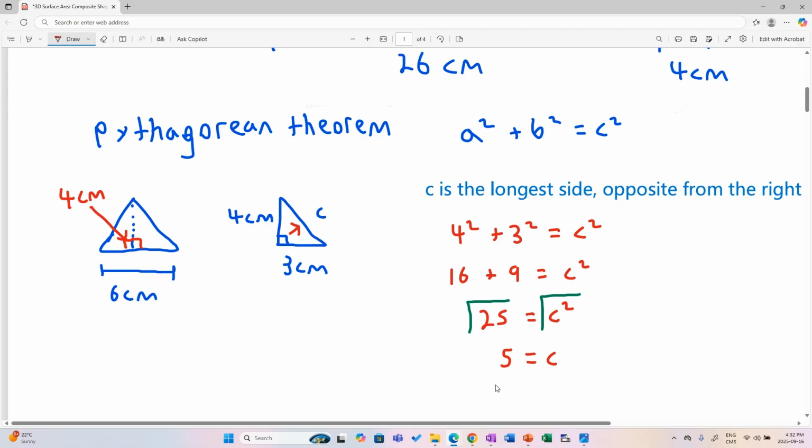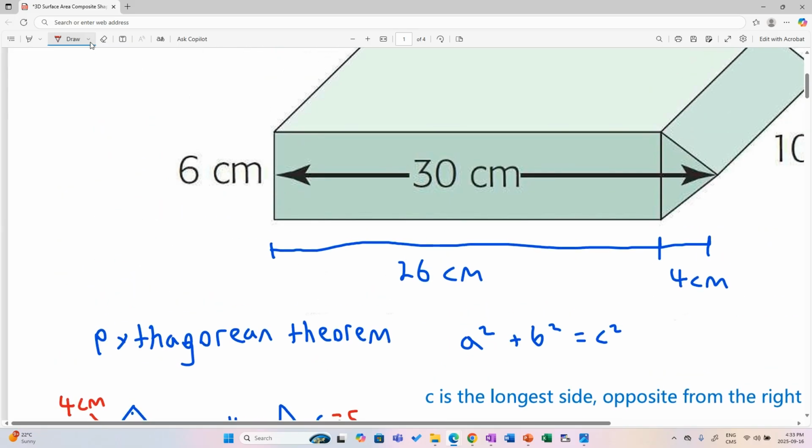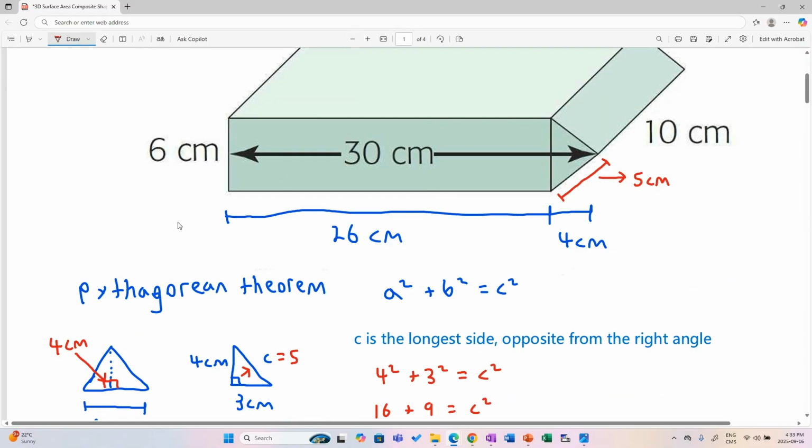So c equals 5. That means I can fill out the rest of this here. So this length here for this triangle must be 5 centimeters. Perfect. Now I have all of the lengths.